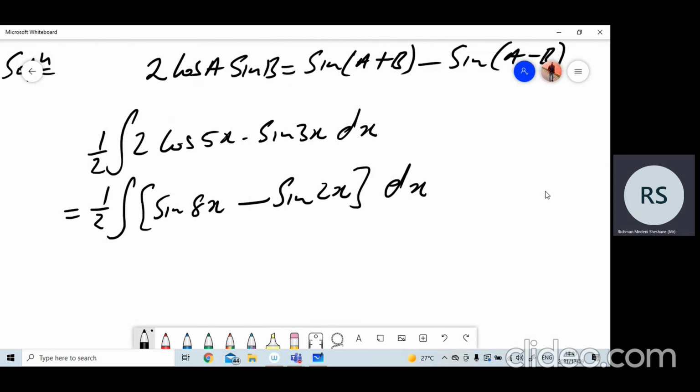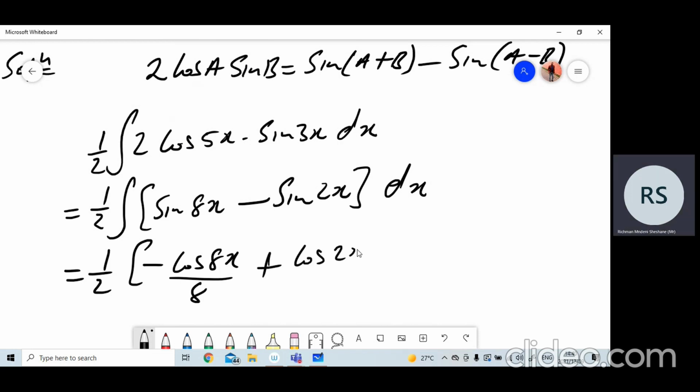This would be 1/2. The integral of sine is minus cos of 8x over 8, and the integral of the next will be minus cos, and that minus will make this positive, cos of 2x over 2, and then plus c.